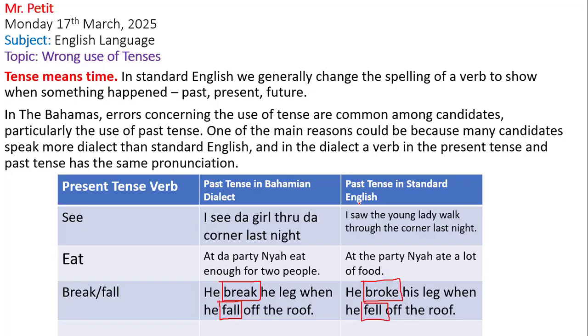So you're gonna change it to the simple past tense. You understand what I'm saying? Wherever it has the verb, you're gonna change it to past tense. You understand that? Yes, sir.